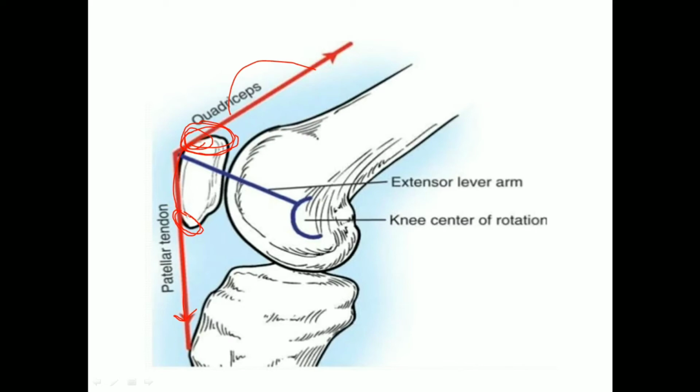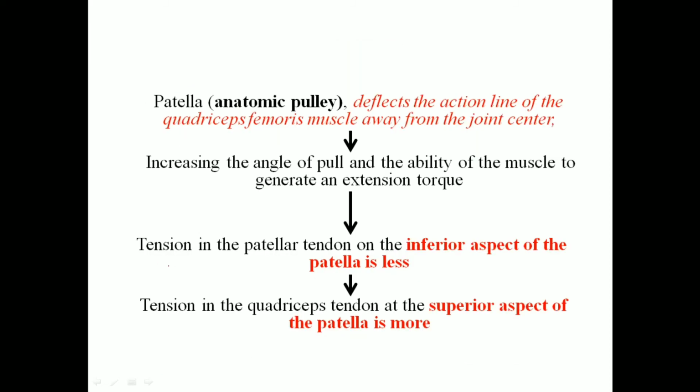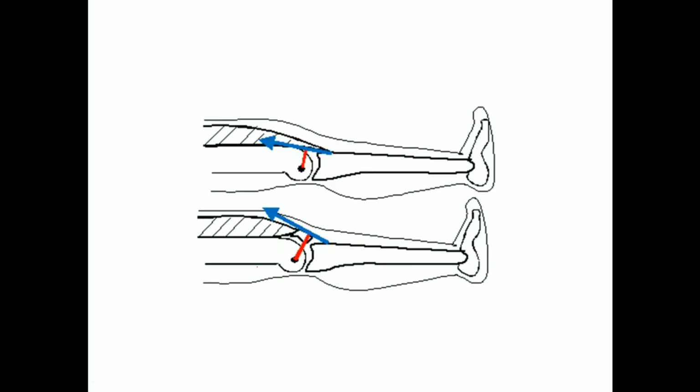This is what they are trying to say. So now it should be clear that the tension in the patellar tendon on the inferior aspect of the patella is less, and the tension in the quadriceps tendon on the superior aspect of the patella is more.